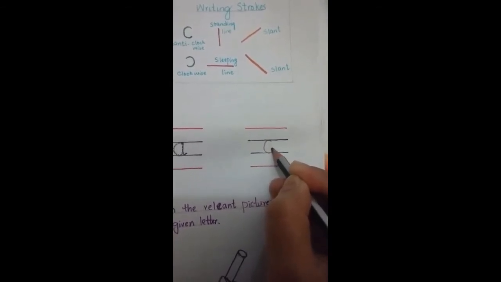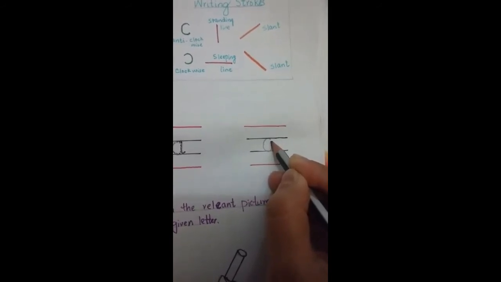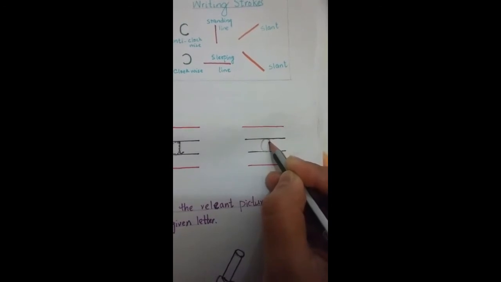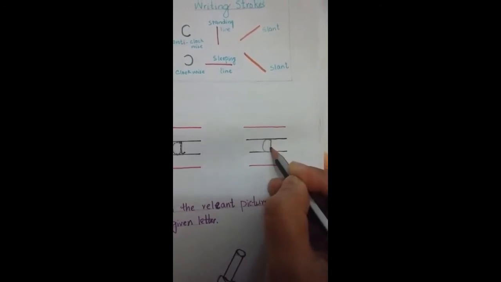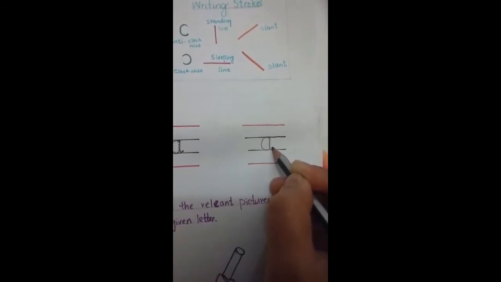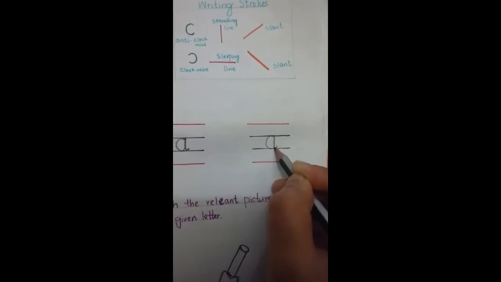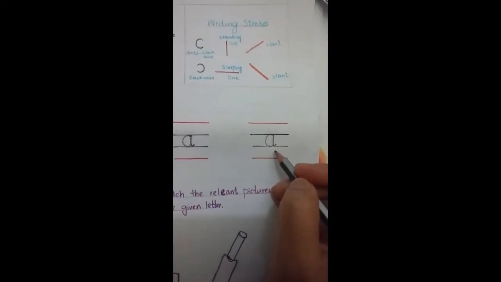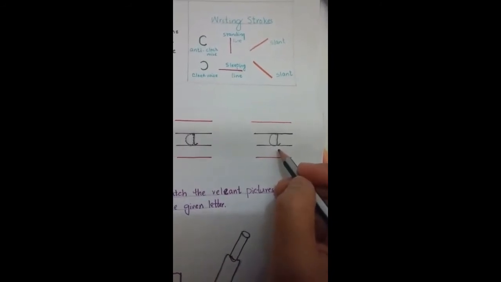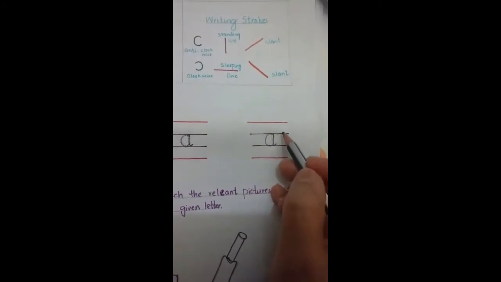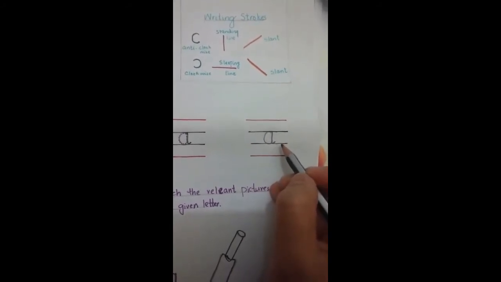Now here you will make a straight line like this. Now come down like this, touch the baseline, and here you will make a little loop and a little tail. This is small a, and it should be in two lines, middle and base.